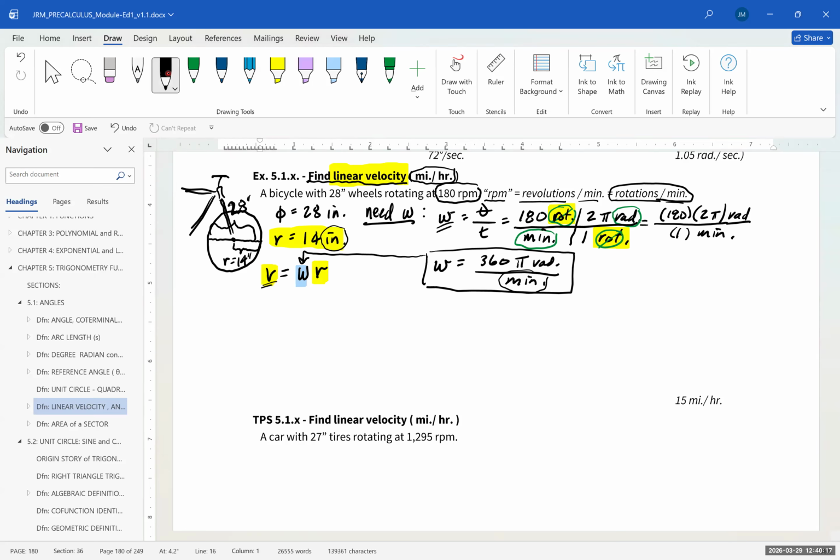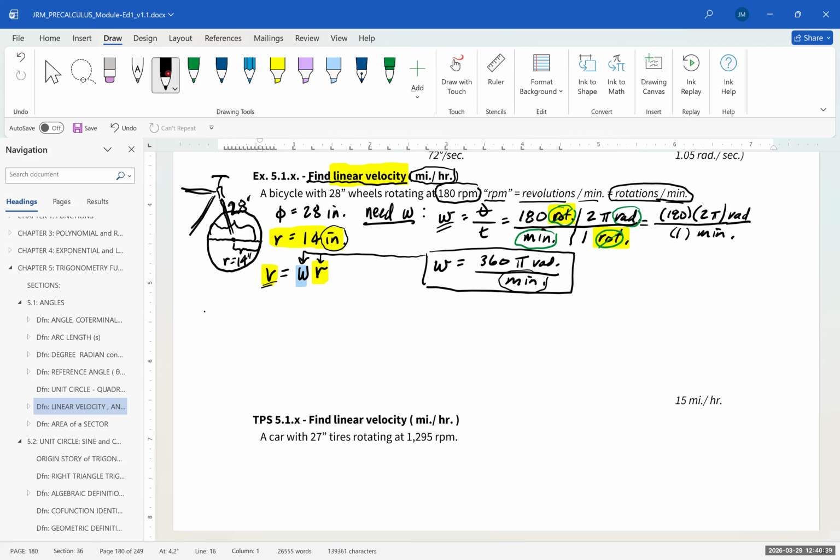So we need to not only do this multiplication, but we also need to do a unit conversion at the same time. Okay, it's not as hard as it sounds. So let's think of it in terms of unit cancellation.